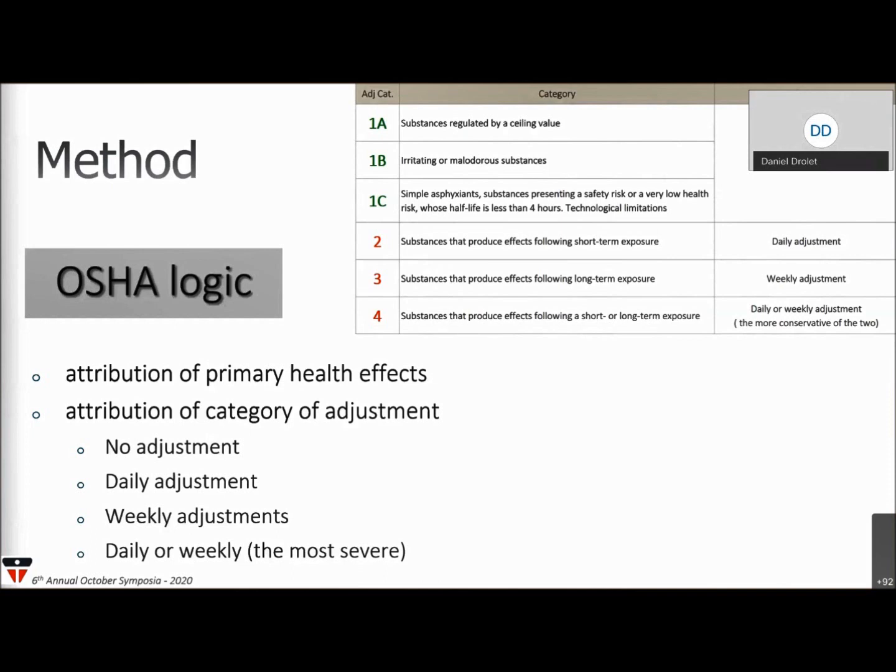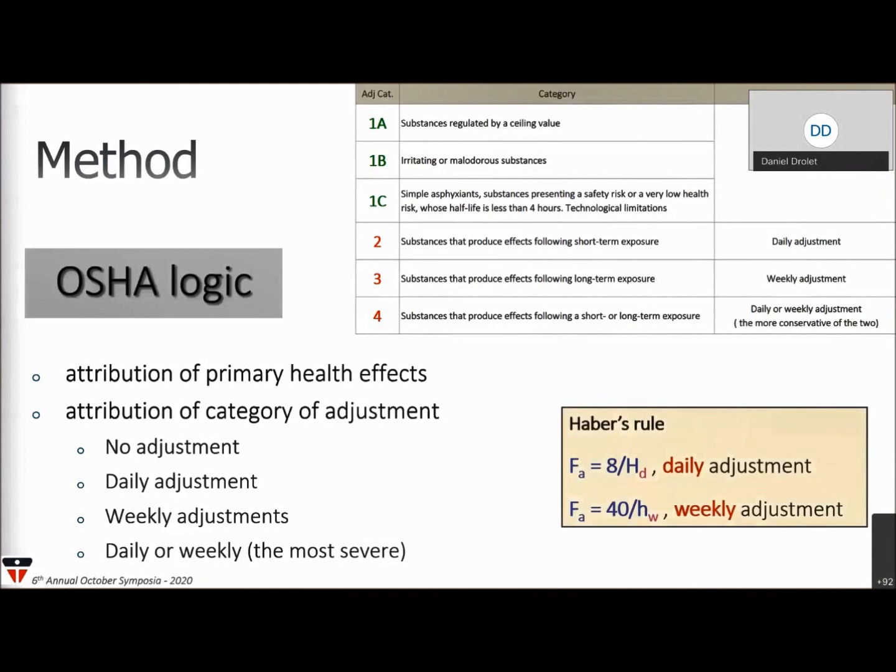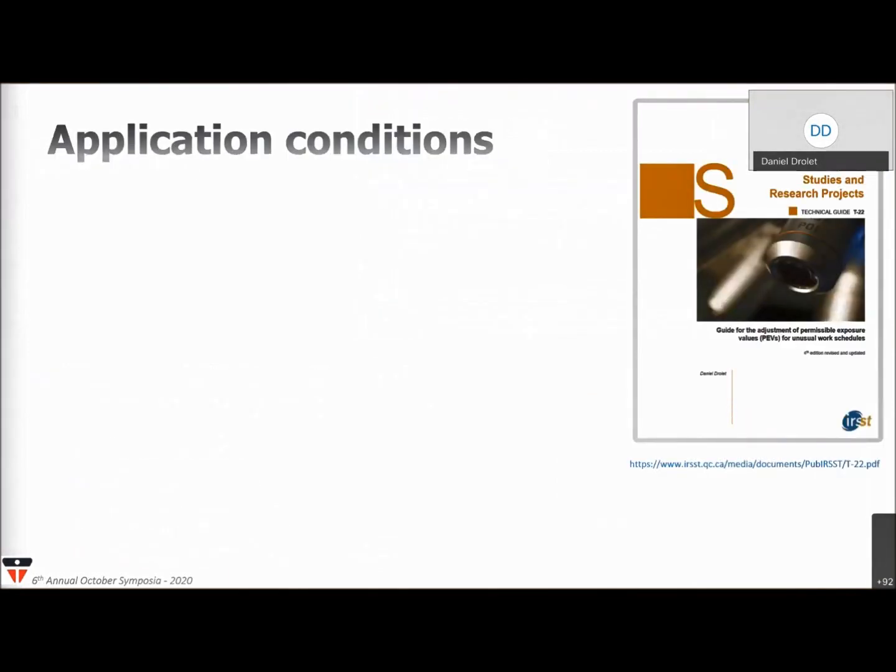And 2, 3, or 4, there is an adjustment according to either the daily adjustment, weekly adjustment, or for substances that produce effects following short or long-term exposure, we have to calculate both procedures of adjustments and keep the most severe result.